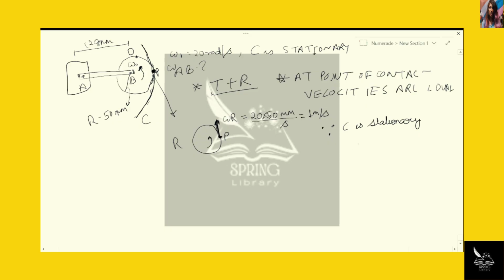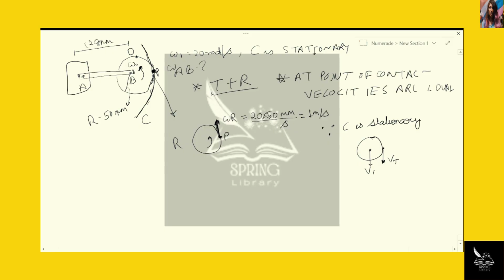So this is Vt, and all points have the same translational velocity Vt, for this is the definition of a rigid body.